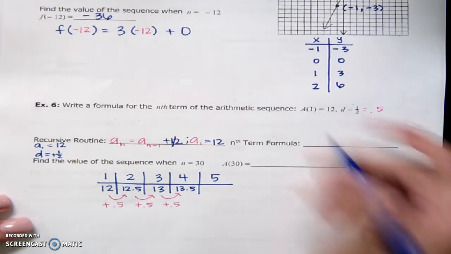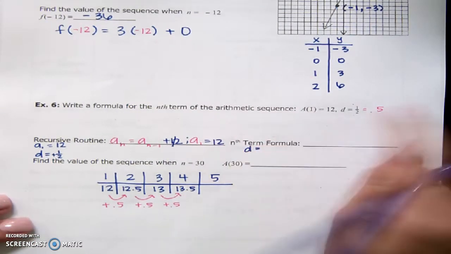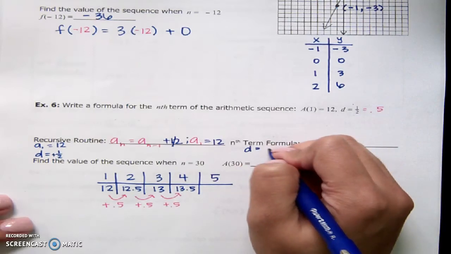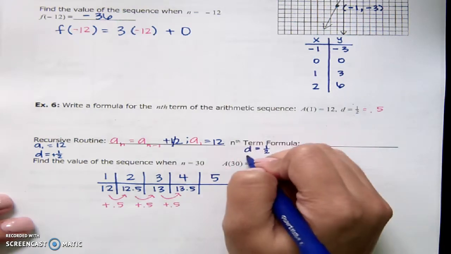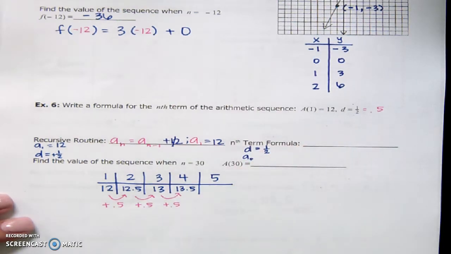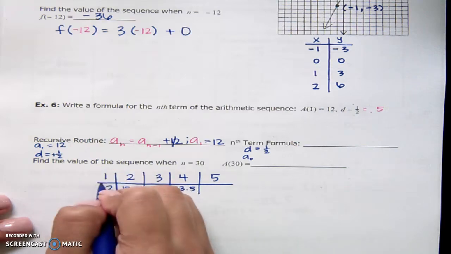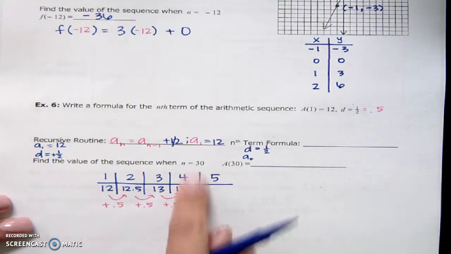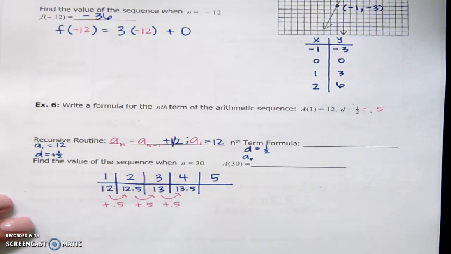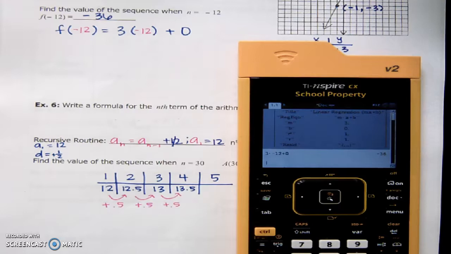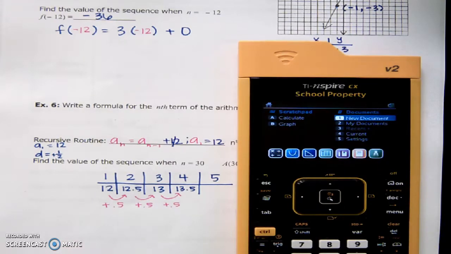For the nth term formula, I need my common difference, which I already have. It's 1/2. But this time I need a of 0. I have a of 1. So to move forward, I'm adding 0.5. Well, for the nth term formula, I can put all of this in the calculator and find out what my b is, because b is the same thing as my 0 term.